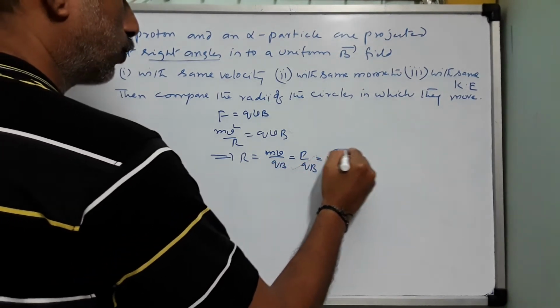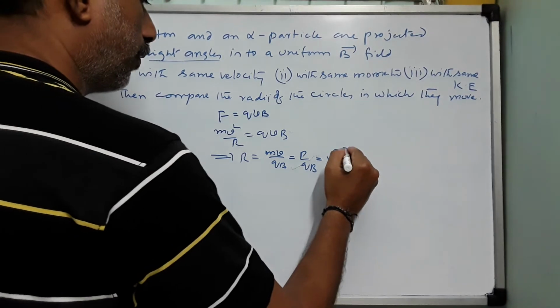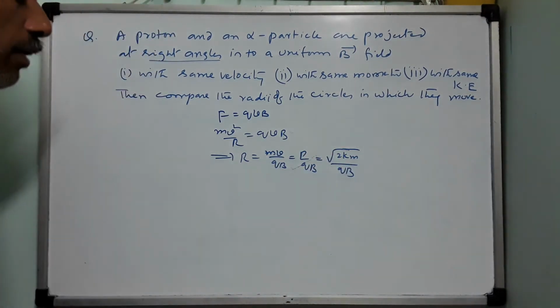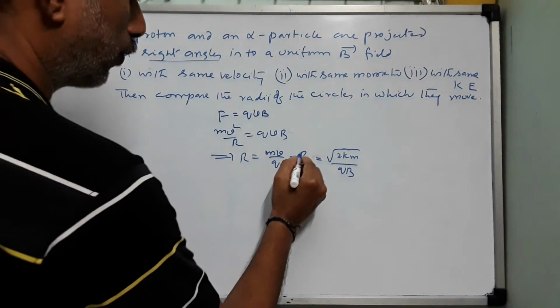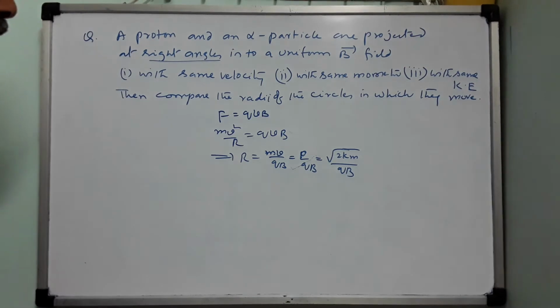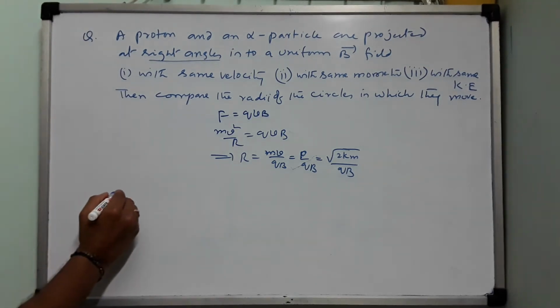This also can be written as root over 2Km divided by qB. So these three equations, children, we have discussed yesterday itself, so I am directly writing them. Here p stands for momentum. Now let me take the first case.